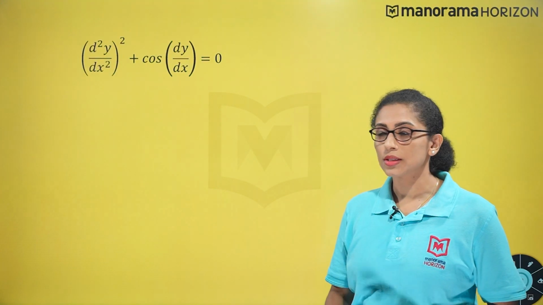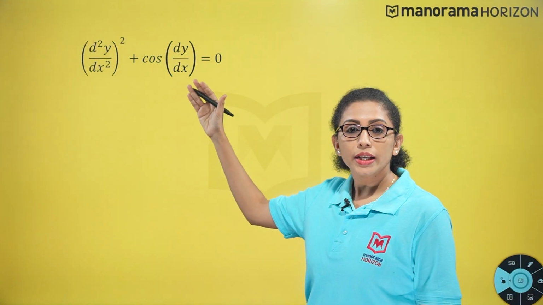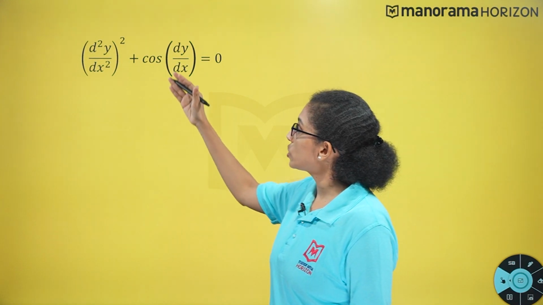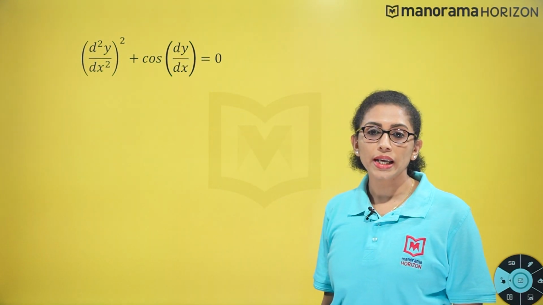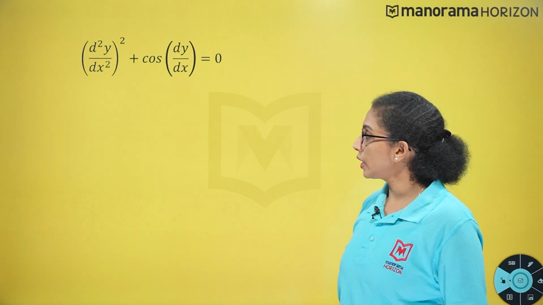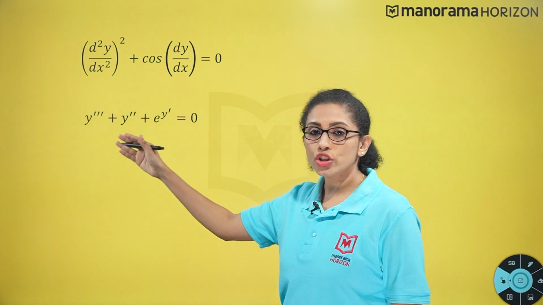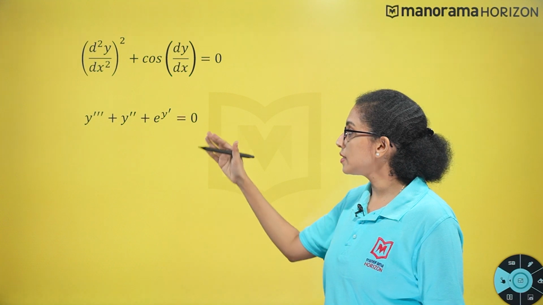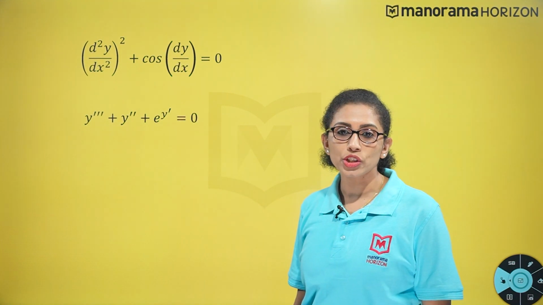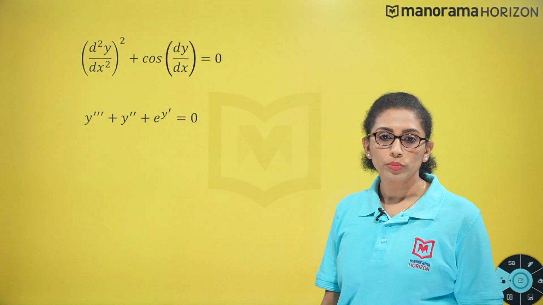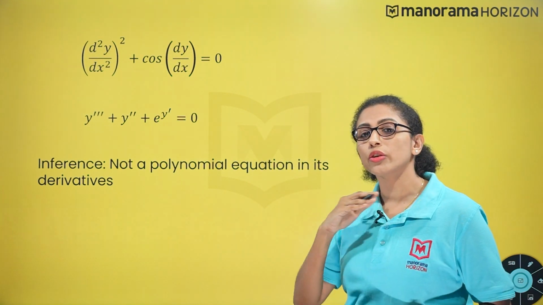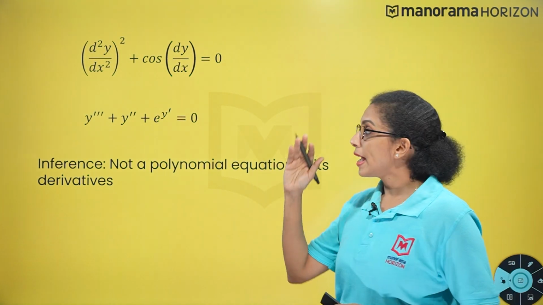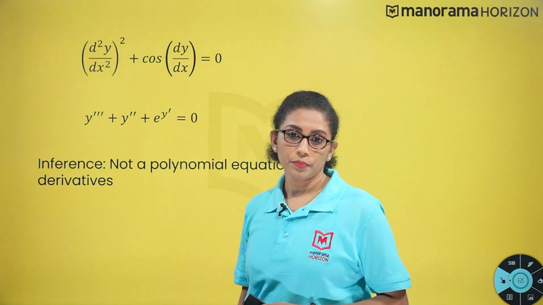Take these examples. d square y by dx square the whole raised to 2 plus cos of dy by dx is equal to 0. Another equation, y3 dash plus y2 dash plus e raised to y dash is equal to 0. In these two examples, the differential equations are not polynomial equations in their derivatives.